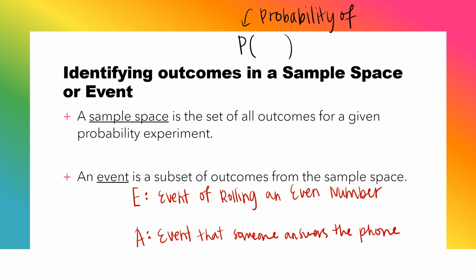And then inside of those parentheses, we'll put whatever the event is, so maybe the probability of rolling an even number. So if you see the P with the parentheses, that means probability of, and inside the parentheses is the event that we're interested in finding out about.